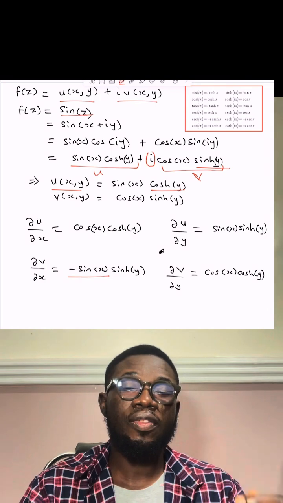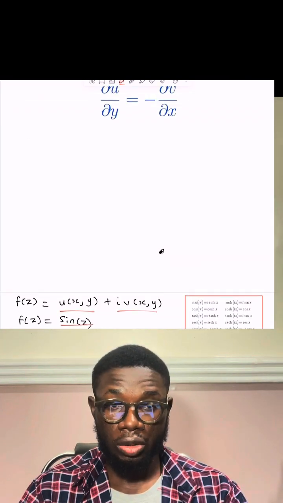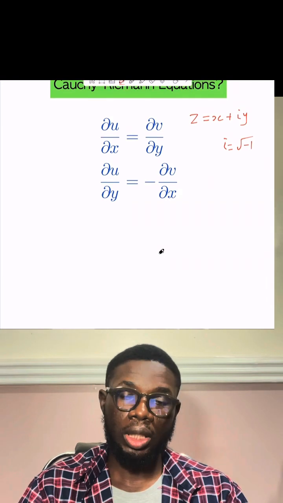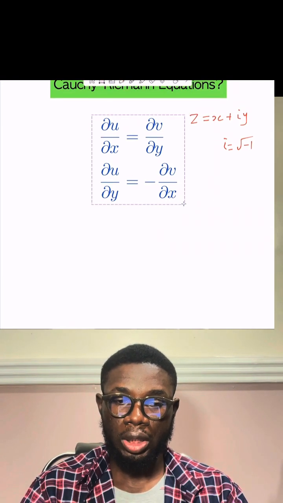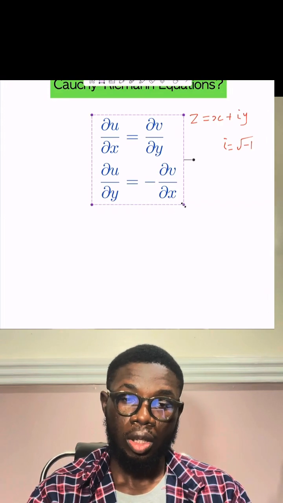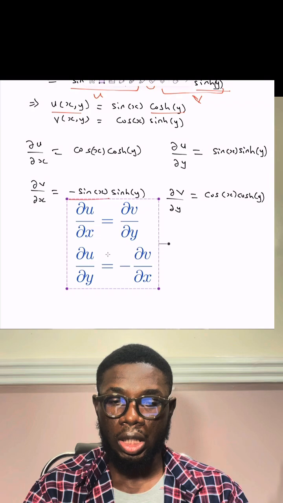So let's now see if this satisfies the Cauchy-Riemann equations. According to the Cauchy-Riemann equations, I think I'll just copy it and paste it down here so that we can look at it together.